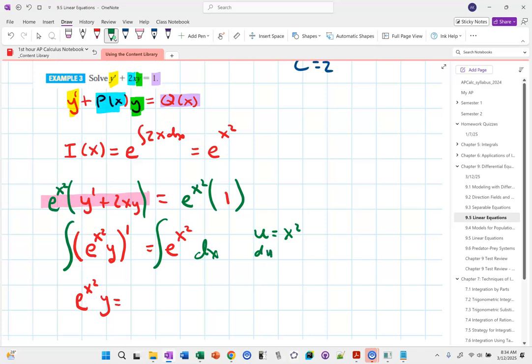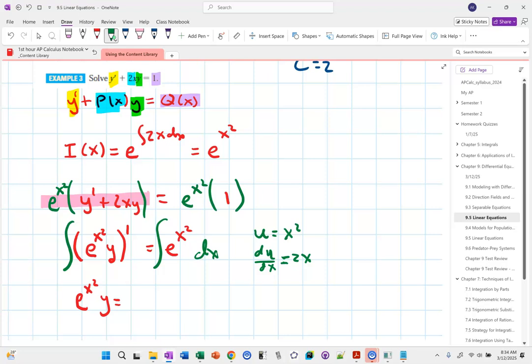Okay, so du dx is 2x. Where's the other x that I'm going to have to substitute in? Guess what? Not an integral we can do. The u sub's not going to work on it. We don't have an antiderivative rule for this. It's not one that we're meant to do.